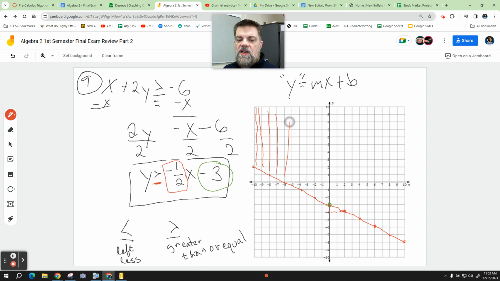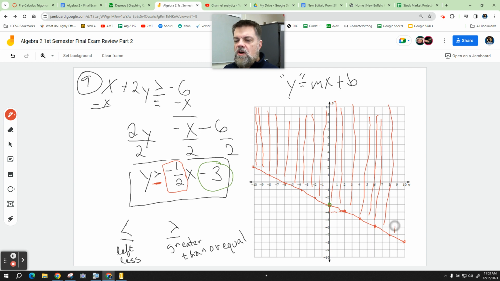And so you could shade this in. I just draw little lines because I was never good at coloring, as you could tell. Sometimes when you do a system of inequalities, it's better just to draw the little lines anyways.